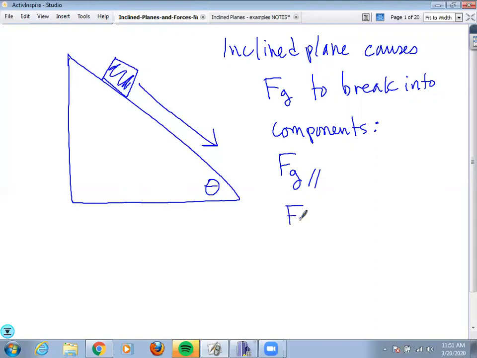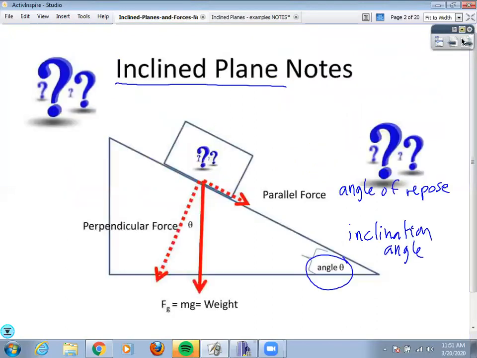The second component, we call it FG perpendicular. Notice we use the symbols for parallel and perpendicular instead of writing the words because they're too long to write out. All right, so in your notes package, now we will begin. This perpendicular force we call FG perpendicular, and the parallel force we call FG parallel.